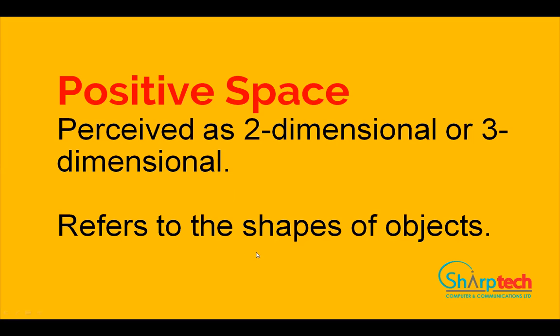Basically, if you have a shape, for example, that shape is formed by a certain space. So when you look at this object that you are seeing here, this is a shape. Okay? But inside this shape, we have what we call space.